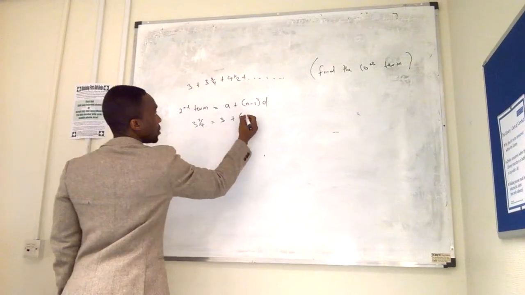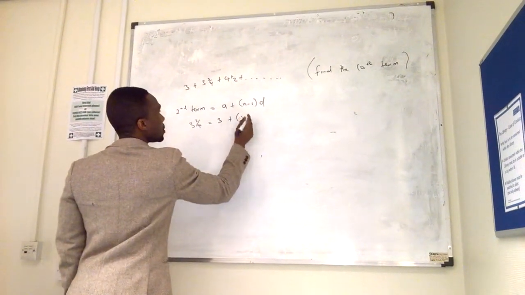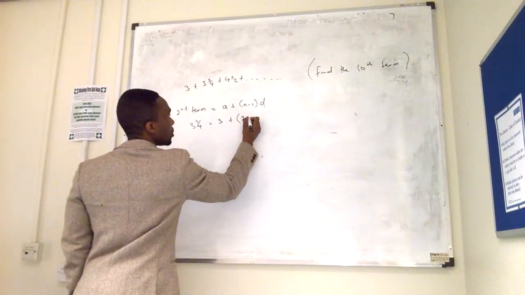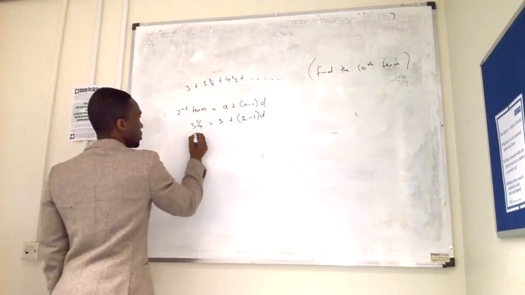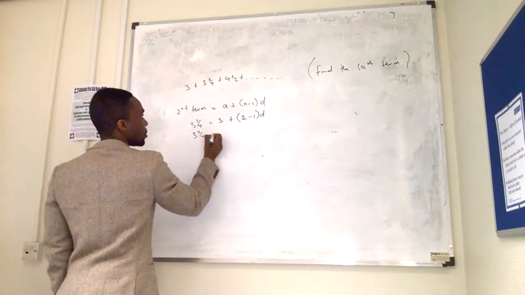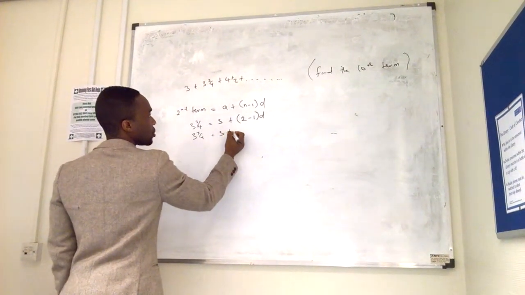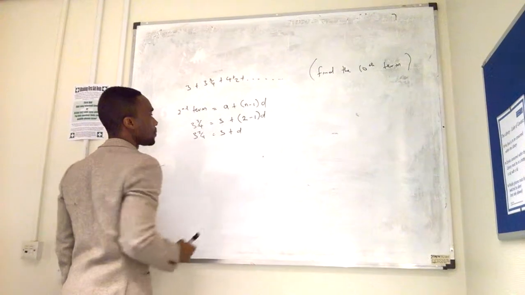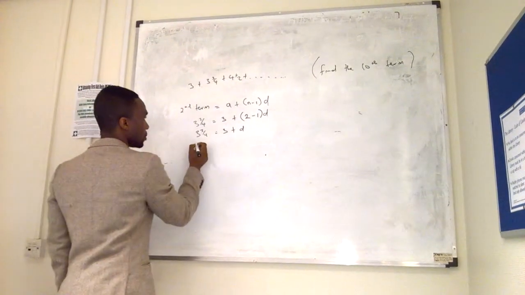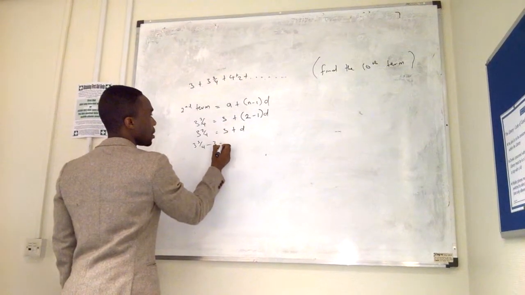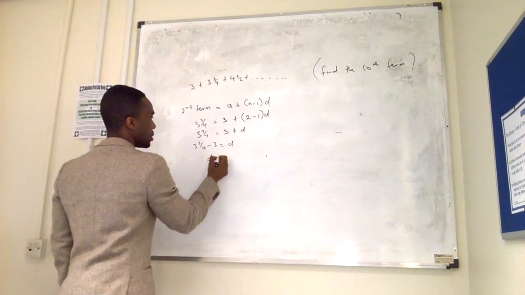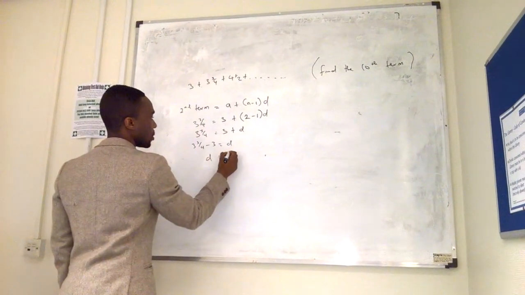A is 3, and we're looking for the second term, so it's 2 minus 1 times D. So 3 over 4 equals 3 plus D. So 3 over 4 minus 3 equals D, and D equals 3 over 4.